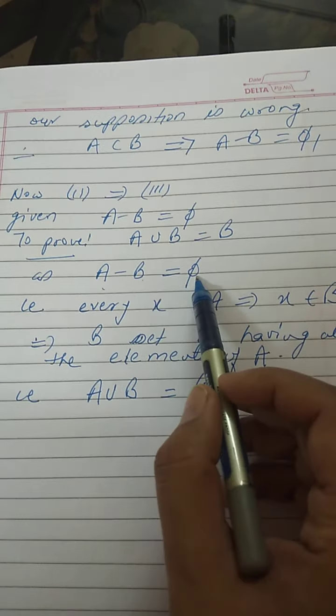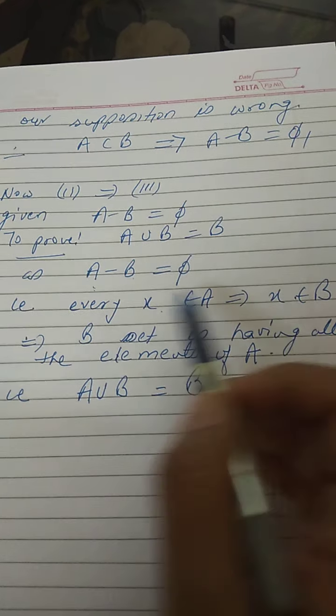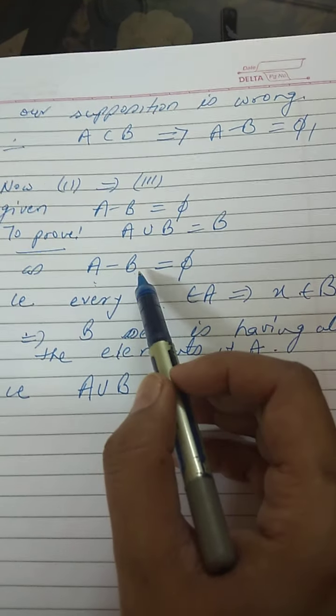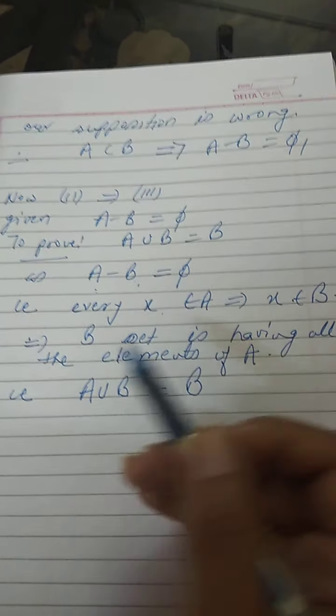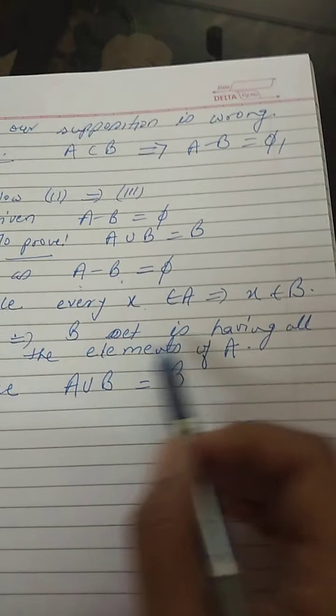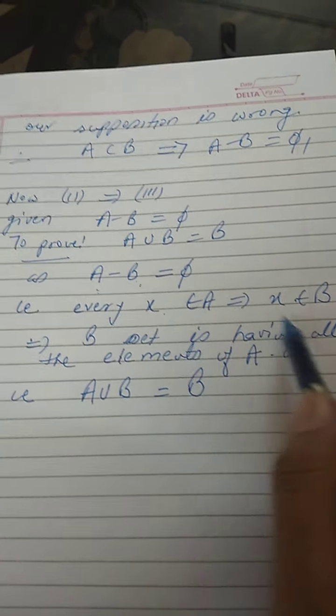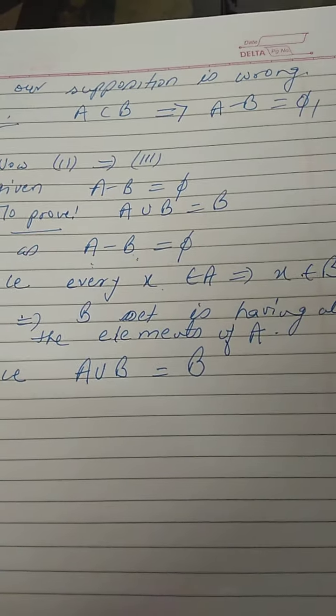If A minus B is phi, so every element of A is an element of B. That means whatever A is having, B is also having. There is a possibility B can have more elements also. So B set is the set which is having all the elements of A. If B is having all the elements of A, it means B is bigger than A.